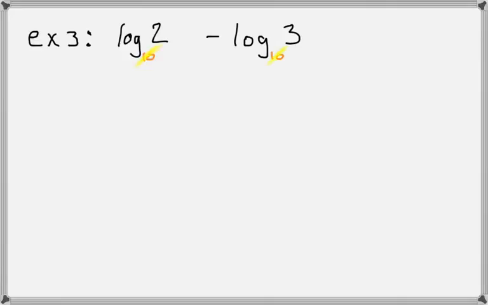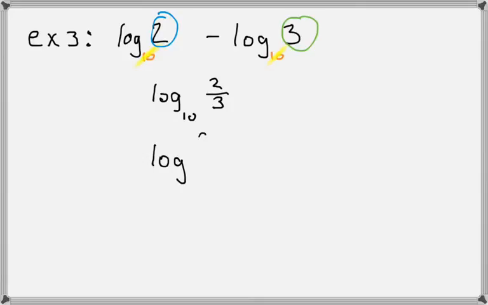So we can use our quotient property to simplify or condense this into a log base 10 of our first one, the 2, over our second one, that 3. So we have log base 10 of 2 over 3. We typically would not write that 10, so your answer would be log of 2 over 3. And this would be your final answer.